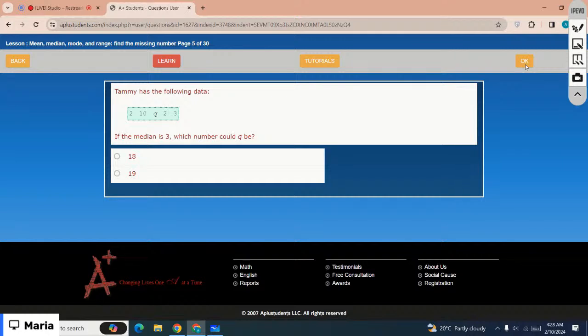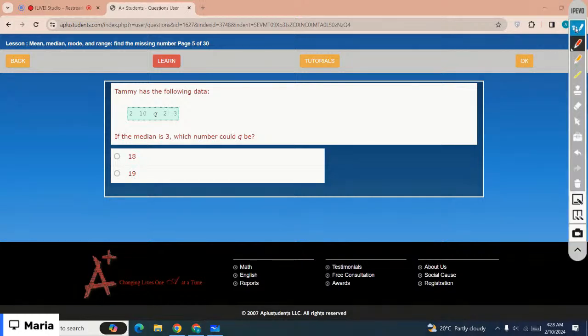That means the middle number of the whole data is 3. The numbers that are less than 3 are before the 3, and the numbers that are greater than 3 come after. So here you have two numbers, here you must have two numbers, right? These are the numbers that are less than 3. Here you have the numbers that are greater than 3. So that would be 18. The correct option is 18. Got it?